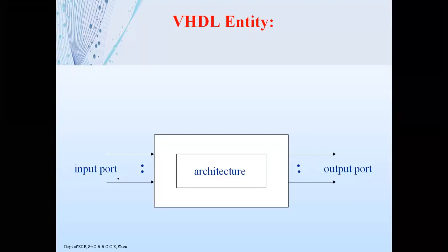In VHDL, we have 5 design units. So what are the 5 design units? The 5 design units are the entity declaration, architecture body, configuration declaration, package declaration, and package body. So these are the 5 design units. Using these units in VHDL, we can build a digital system or a digital circuit.